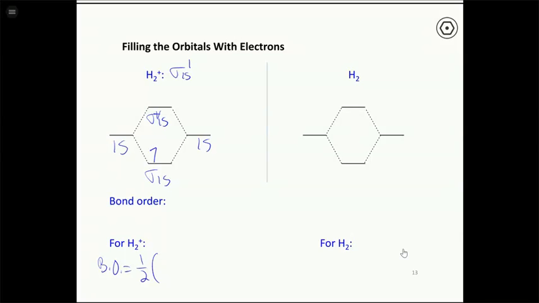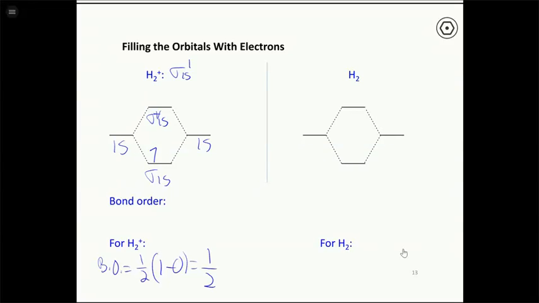This is our sigma 1s bonding orbital. There's 1 electron there. We subtract the number of electrons that are in anti-bonding orbitals. The anti-bonding orbital is empty, so there are 0 electrons up there. And so we predict a bond order of 1/2. Again, by using molecular orbital theory, we can predict fractional bond orders, which is not something that's easy to do with valence bond theory, which assumes that all the electrons are paired when you form a bond.